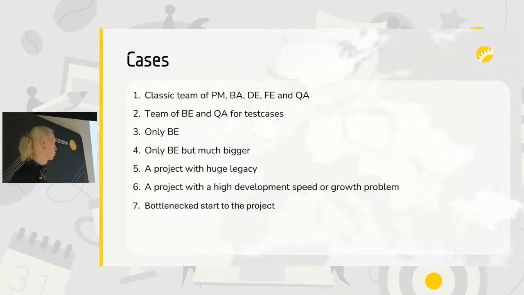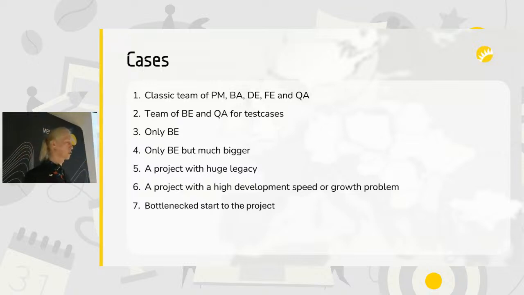It's a bottleneck at the start of the project, when you haven't established processes, but you really need to deliver something. Once you have some time to work on processes, you must start migrating up. That goes into the migration plan I mentioned.